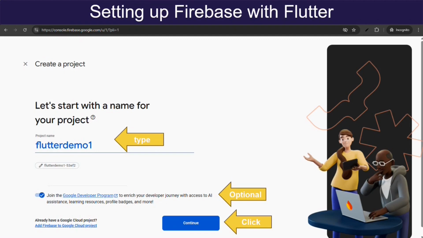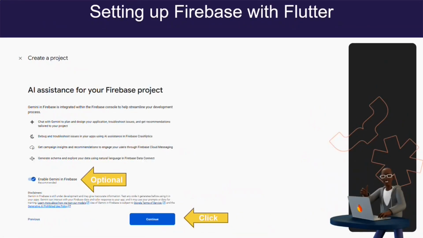So if you wish, you can enable this, which is optional. Then you have to click on this continue button. Then you will be asked whether you require AI assistance for your Firebase project. So if you want to enable Gemini in Firebase, then you have to turn on this setting, which is optional.